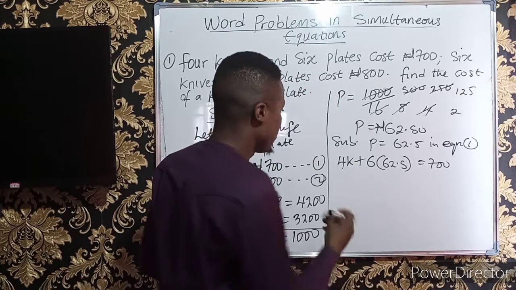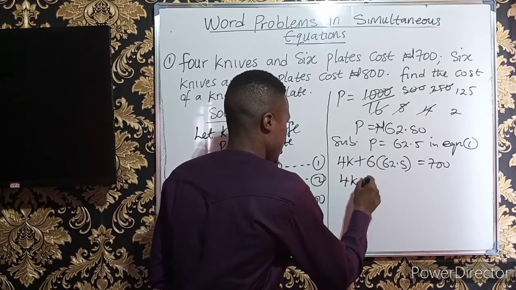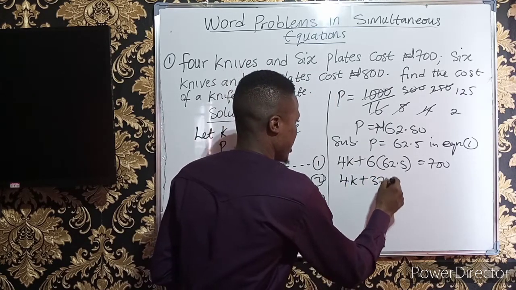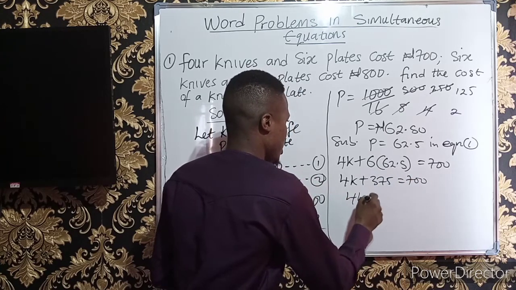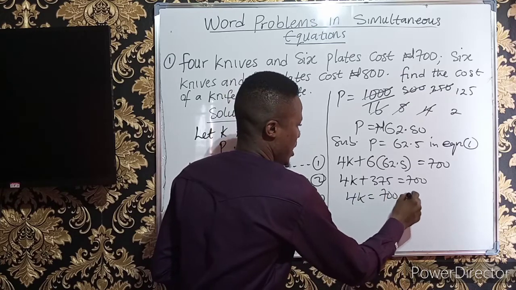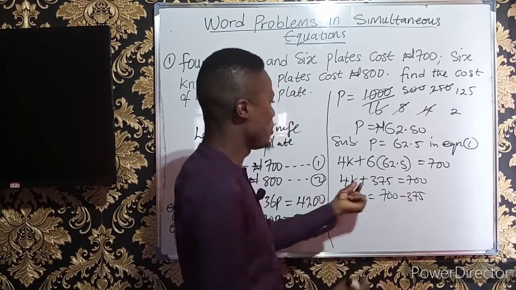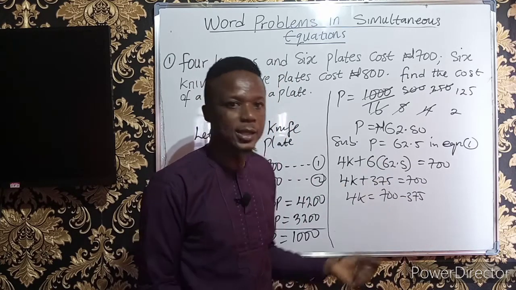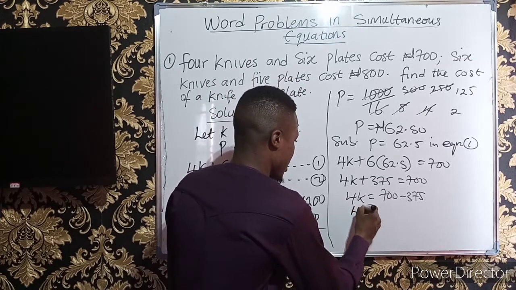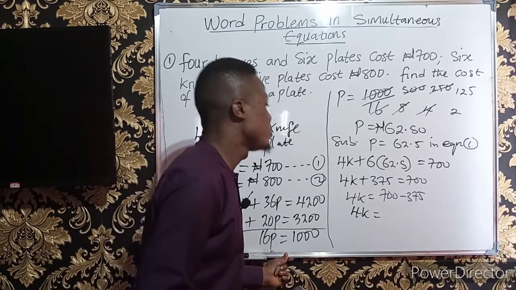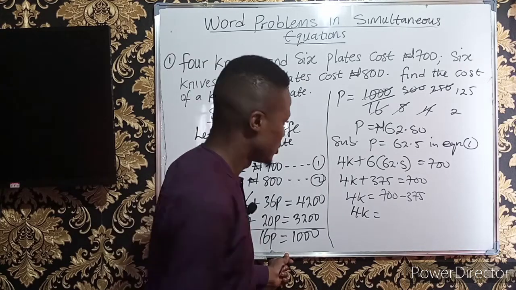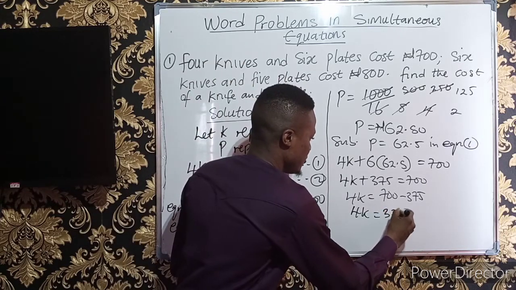I can now write 4K plus 375 equals 700. 4K equals 700 minus 375. When positive crosses the equality sign, it turns to negative. So we shall have 4K equals 700 minus 375, which is 325.